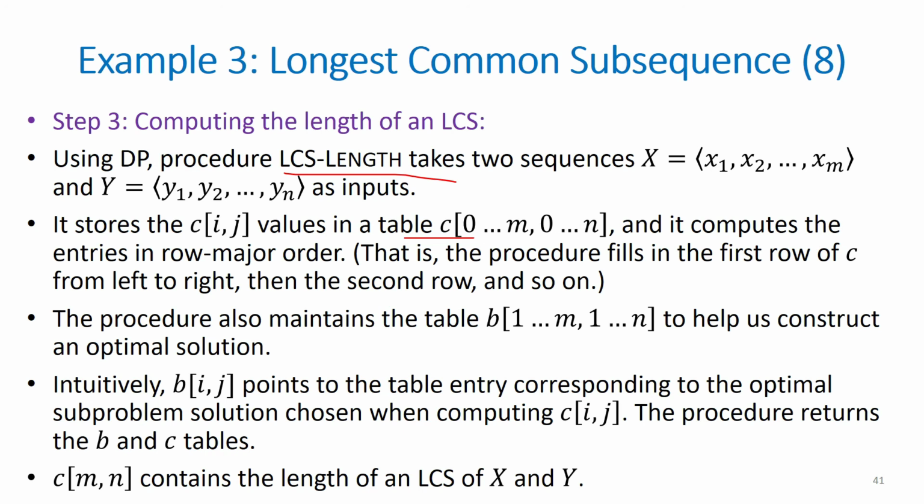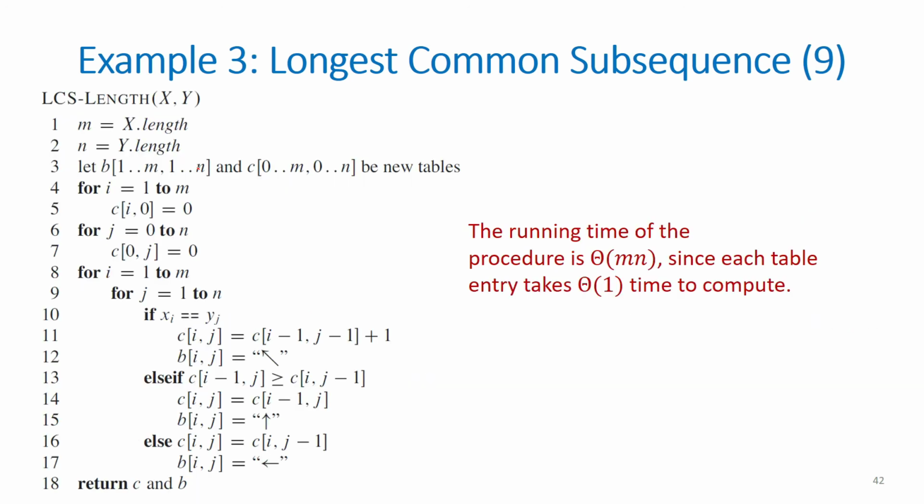In addition to table C, it also uses a table B of size m times n as auxiliary memory to help in the calculation of the solution of the subproblems. Eventually, upon execution, the procedure returns these two tables. Therefore, the value stored in C[m,n] would basically be the length of a longest common subsequence of the two sequences x and y. The pseudocode for LCS-LENGTH is given here.